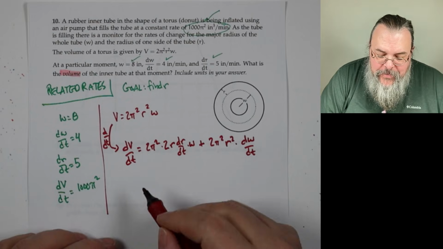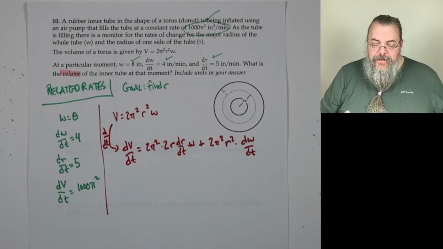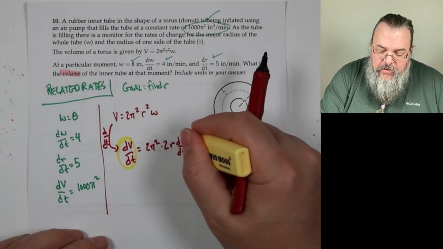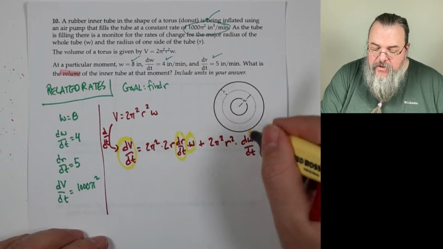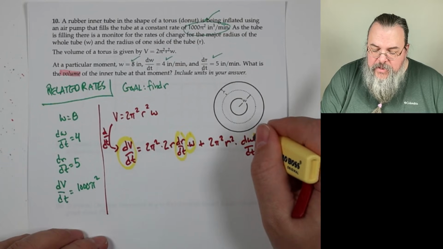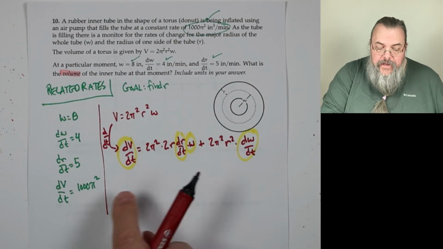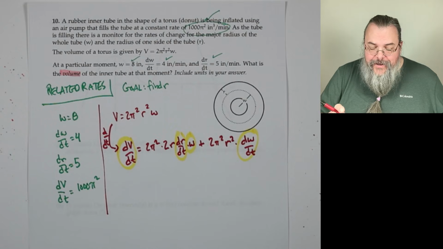Now, what do we do? We plug in what we know. So what are things we know? We know dV/dt, we know dr/dt, we know w, we know dw/dt. So we're going to replace those values with what they are.